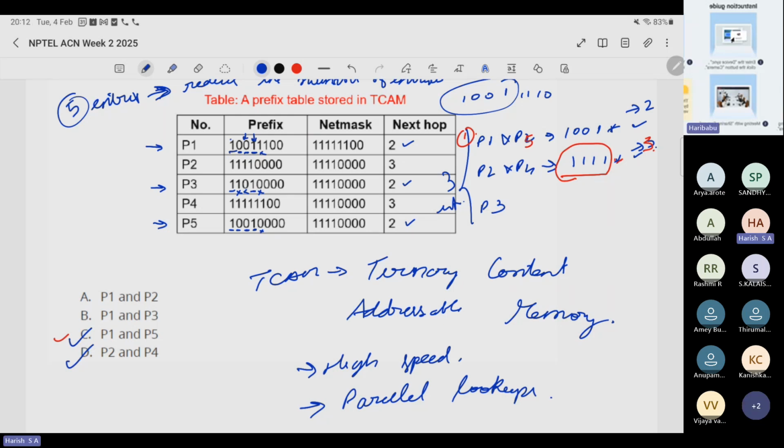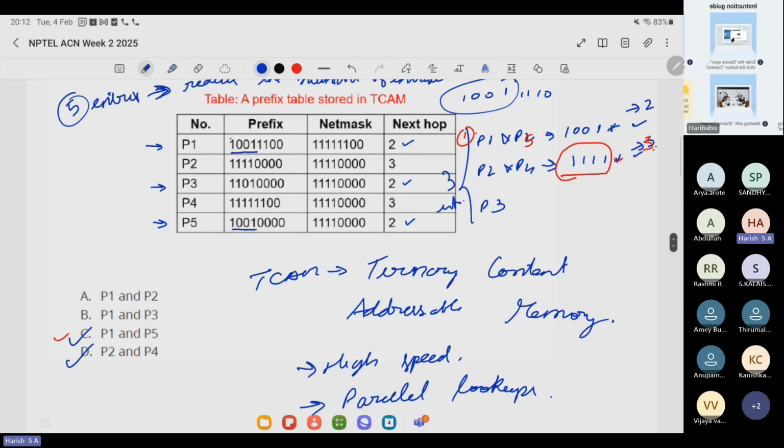So from that perspective, this is common, this is common, for P1 and P5. That's why for the next hop of 2, we are able to merge this and this.